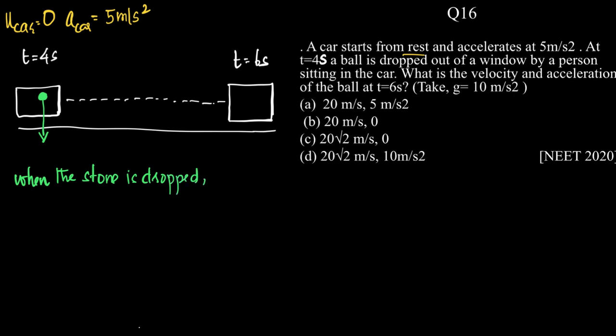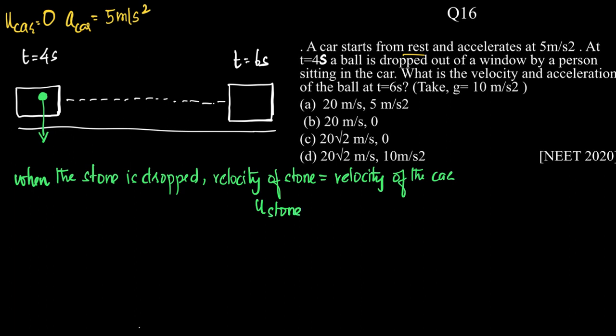Which means velocity of stone would be equal to the velocity of the car. So u of stone is equal to velocity of the car, which is, let us say v of car.